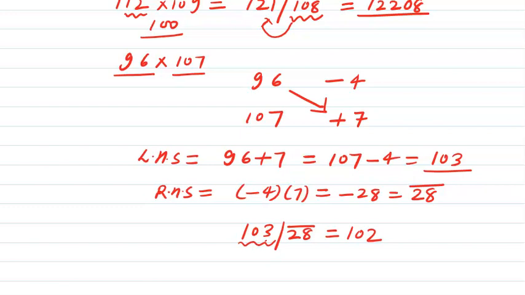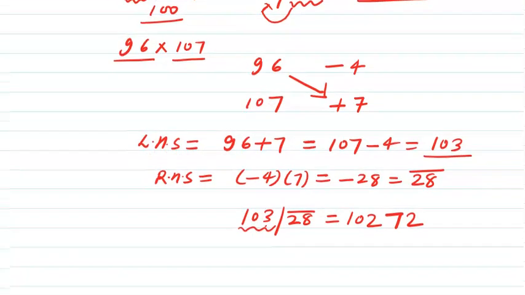So 100 minus 28 will become how much? It will become 72, right? Or you can even consider it like that: subtract 1 from this and take the complement of 28.